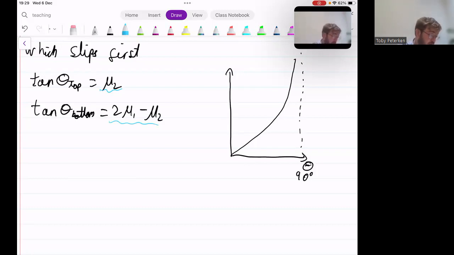Then the top book will slip first. If, however, mu2 is greater than mu1, in other words, the books are very sticky between each other, but there isn't much friction between the book and the shelf, then the bottom book will slip first. In that case, the books kind of just slip together.